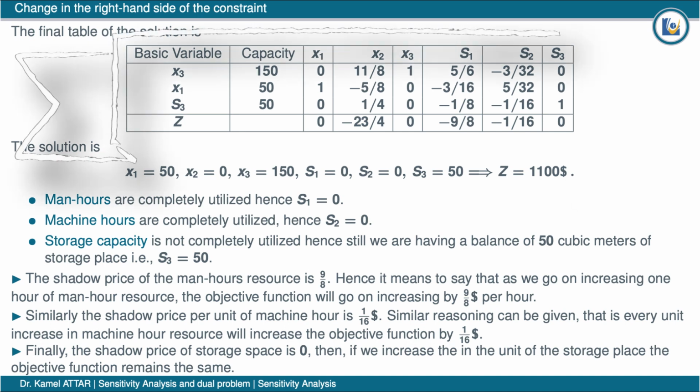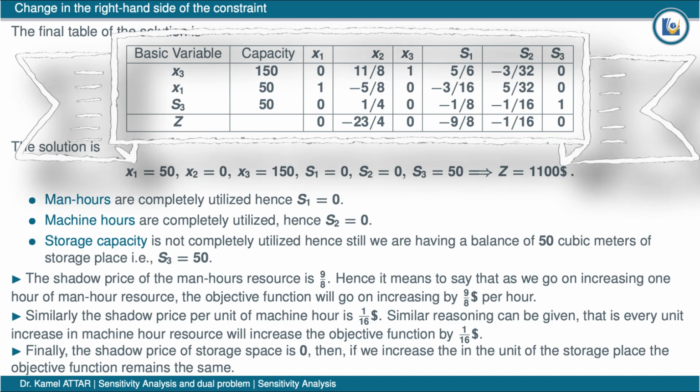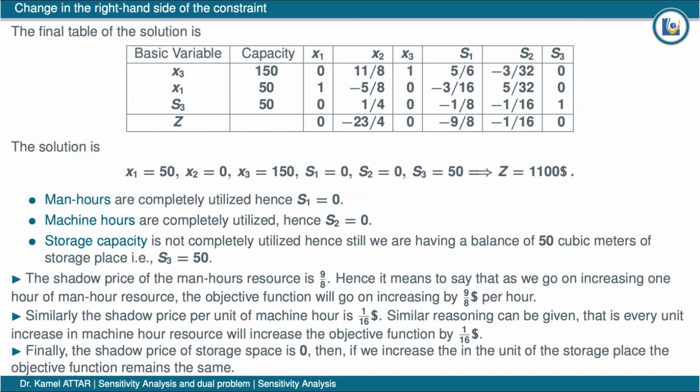Here, the following table contains the results of the optimal solution. The solution obtained is x1 equals 50, x2 equals 0, x3 equals 150, s1 equals 0 hours, s2 equals 0 hours, s3 equals 50 cubic meters of the storage capacity. So, the profit becomes $1,100.